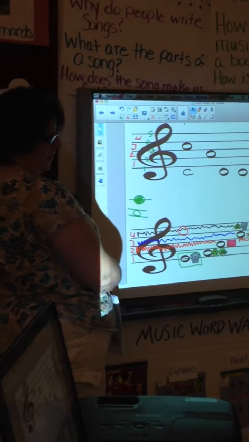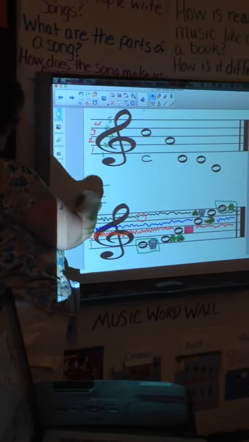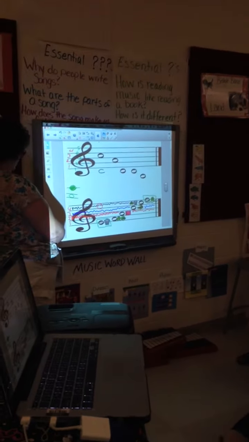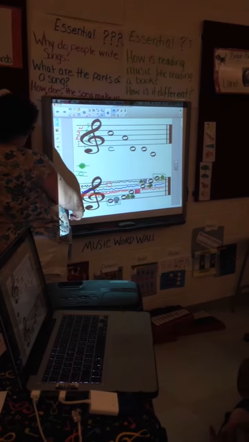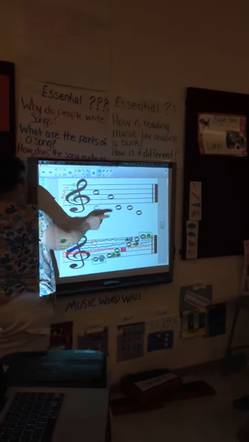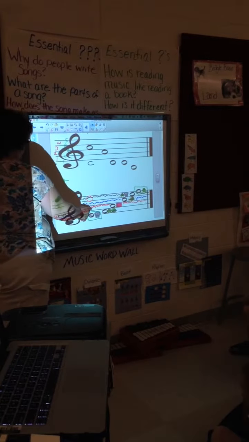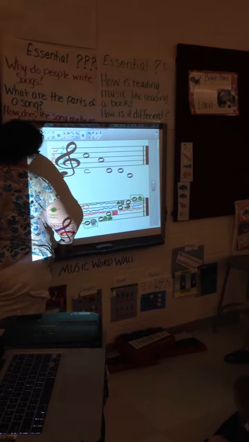Because I just did. Okay. Is there something that can help us figure it out? Amelia? The other one that you put on the bottom can help us. So which row would I look at the bottom for this note, Amelia? Second. I would go to the second and I would follow it across. Oh, I ran into the A Azaleas. And that's how I know that was an A.